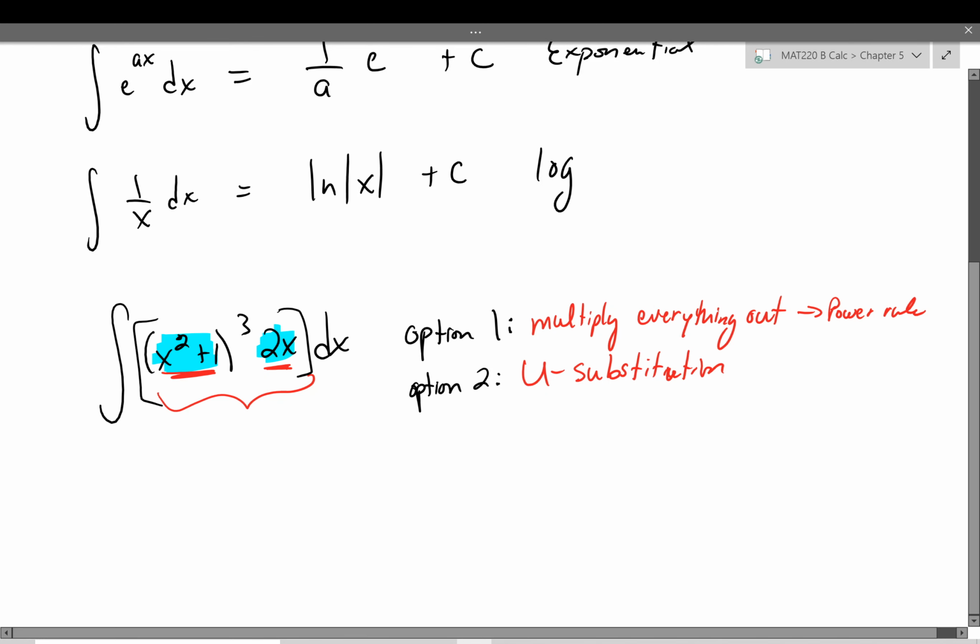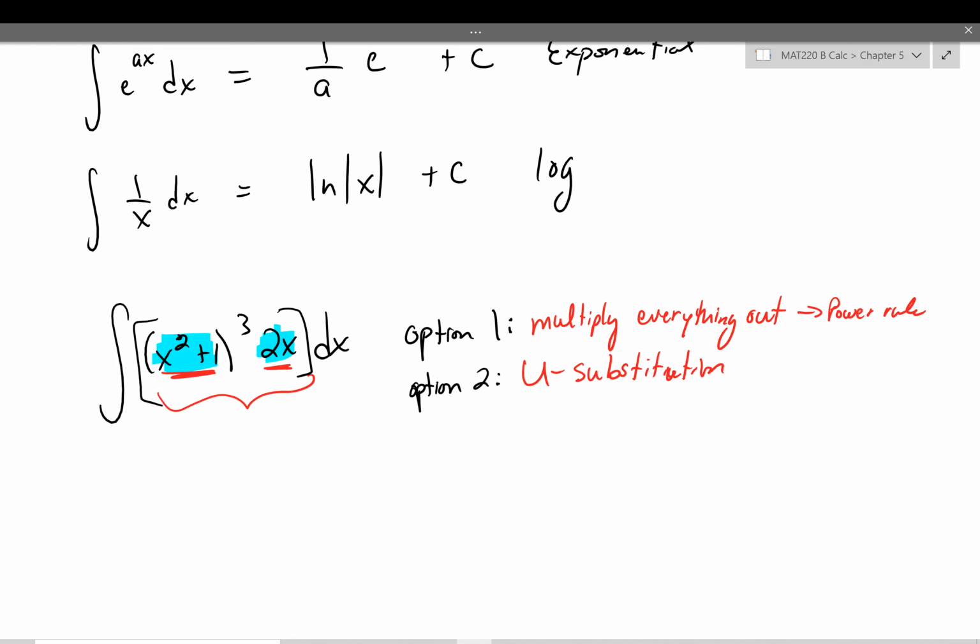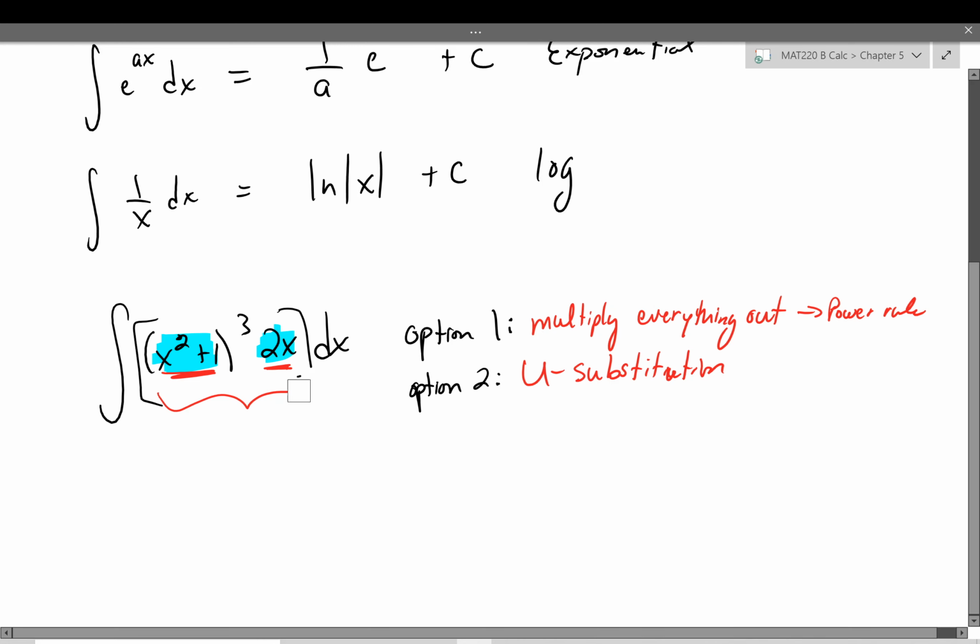As soon as you notice that the integral of x squared plus 1 cubed times 2x times dx has a chain rule in there, what you're going to do is let u equal the inside function of the chain.